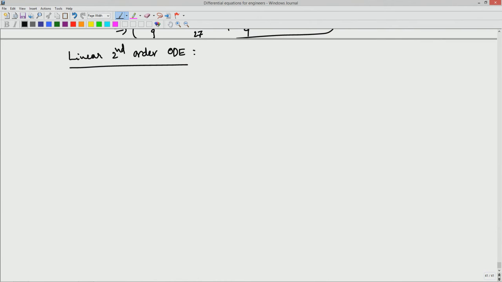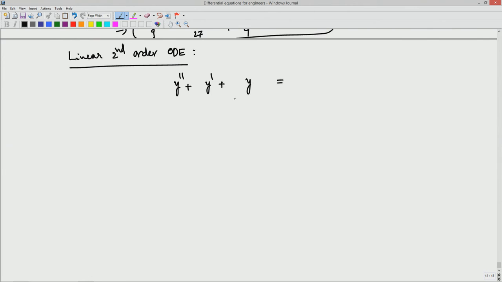Okay, so what is the form? Once you say linear, it should have only y dash, and for second order you should have only y dash and y double dash. Okay, let me put y dash here, y here. So like this I should have only these terms, and their combination should be equal to some function of x.